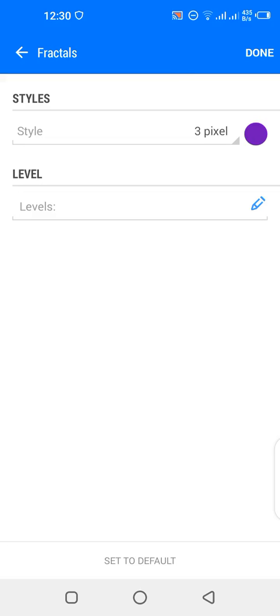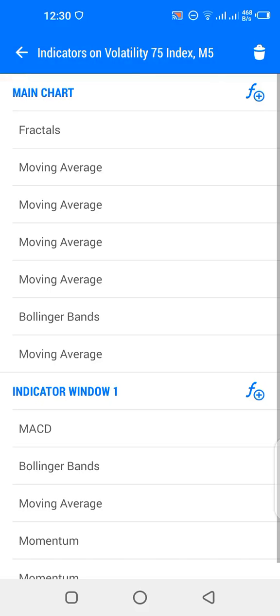So if you load fractals on your chart, it will pop up some arrows as price turns from one point to another. And then once you have an arrow, you know that there's a rejection. That's a rejection point, which might form your support or resistance level. So that's the essence of loading fractals on the chart.